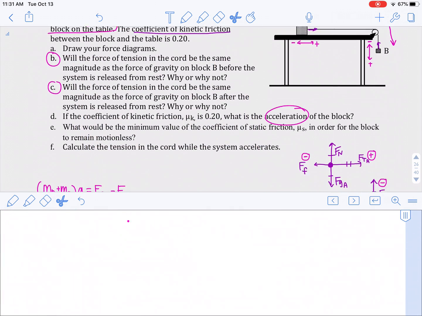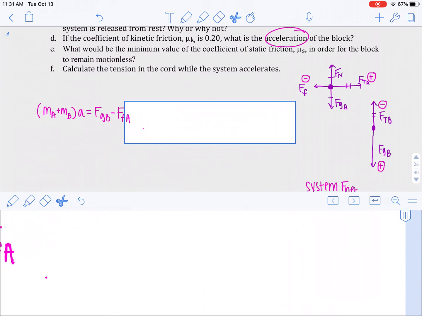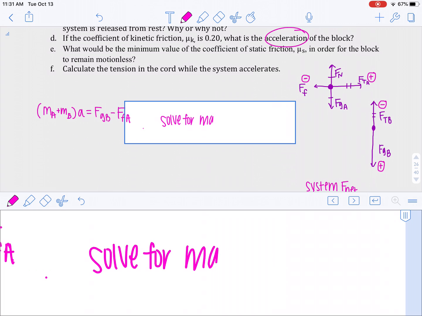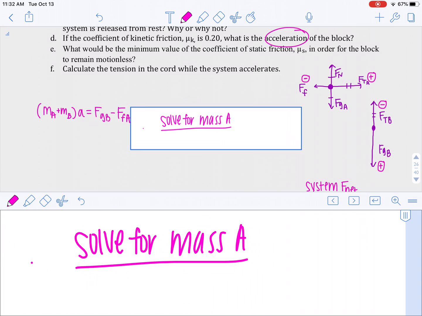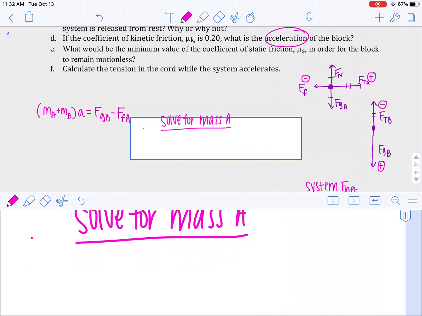So the first thing that I'm going to do is I'm actually going to solve for the mass. And we'll solve for mass of A, the block on the table.